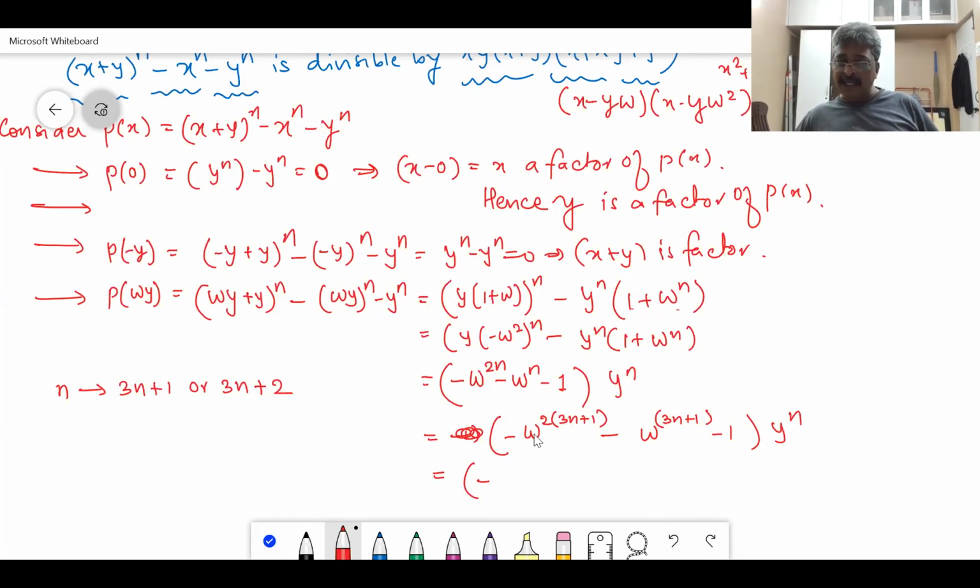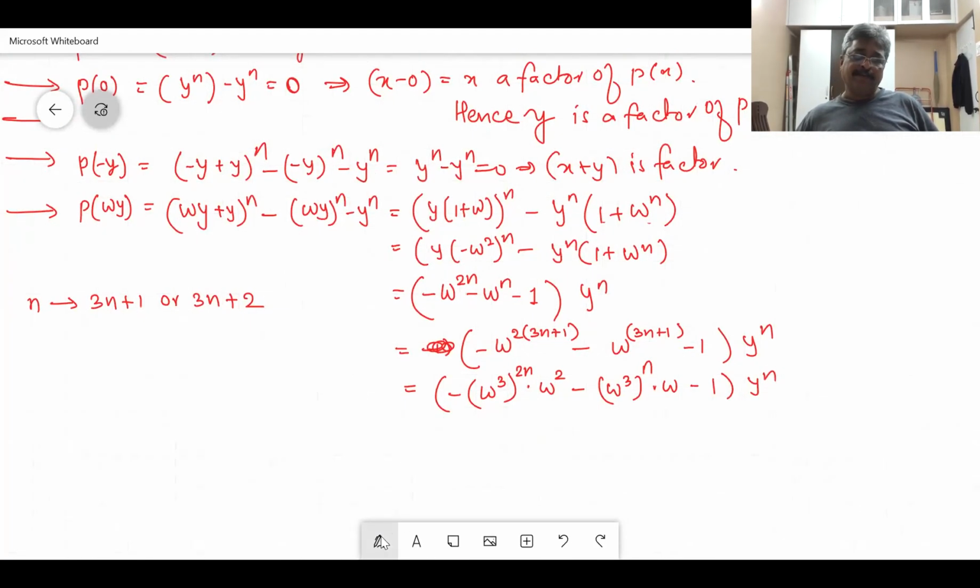So I'll take this 3 as omega here, omega raised to 3 raised to 2n, and then omega square into 1, so into omega square, minus omega raised to 3 raised to n, into omega minus 1, y raised to n.